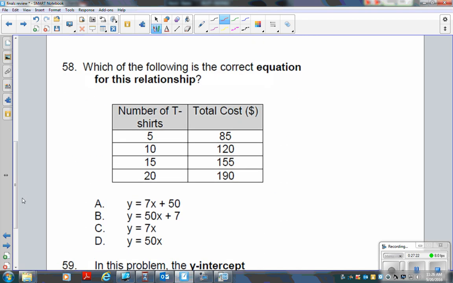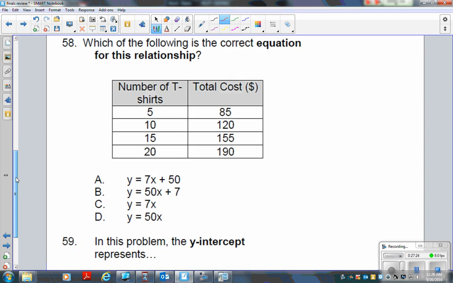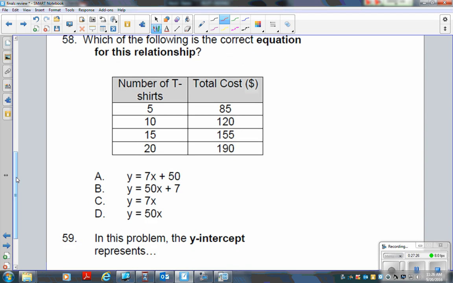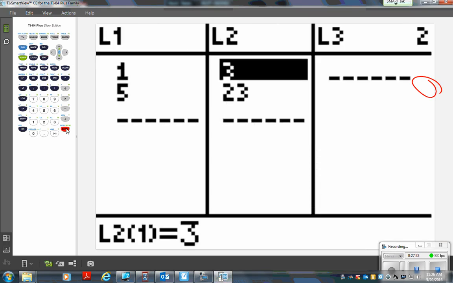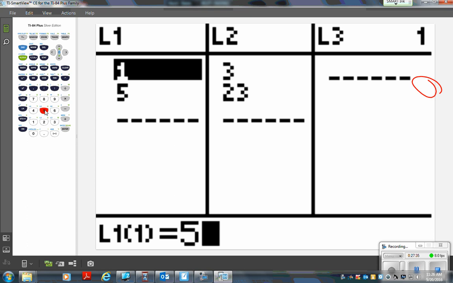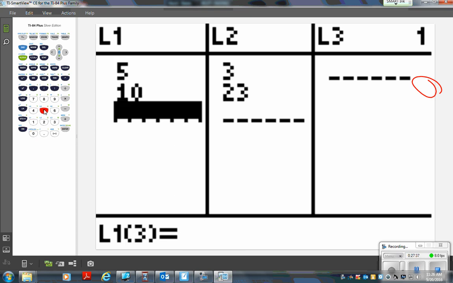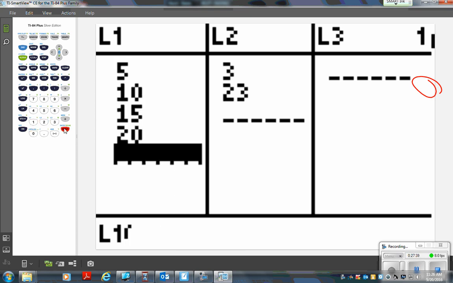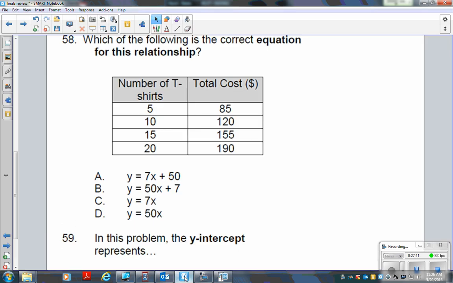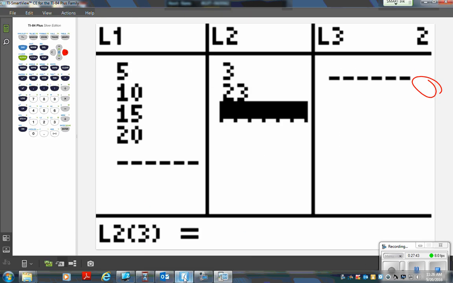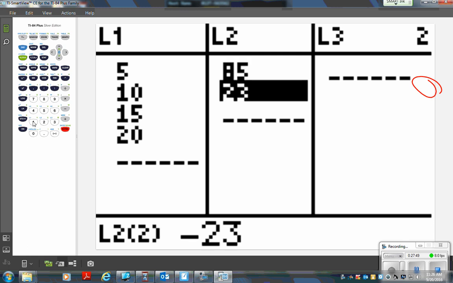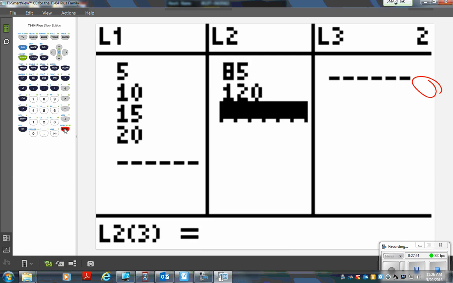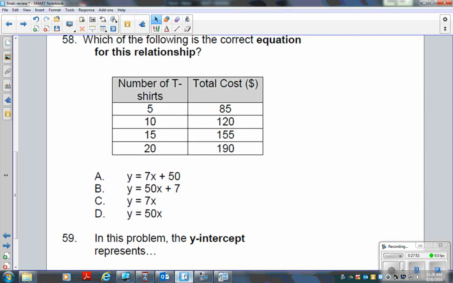All right. Let's take a look at this equation right here. So they want us to get the equation for it, and all we do is use stat. It's 5, 10, 15, 20. And on the right-hand side, we have 85, 120, 155, or 190.